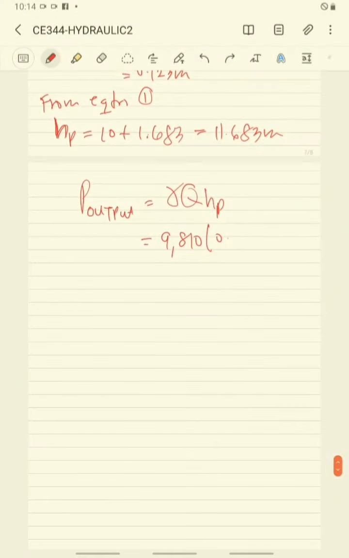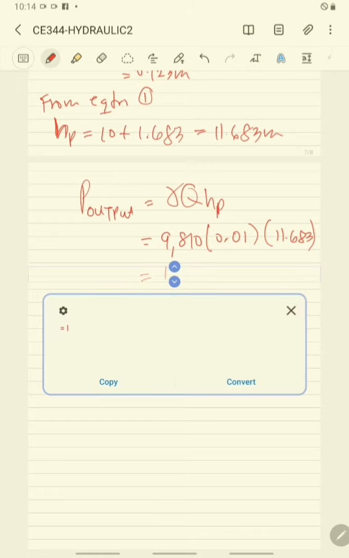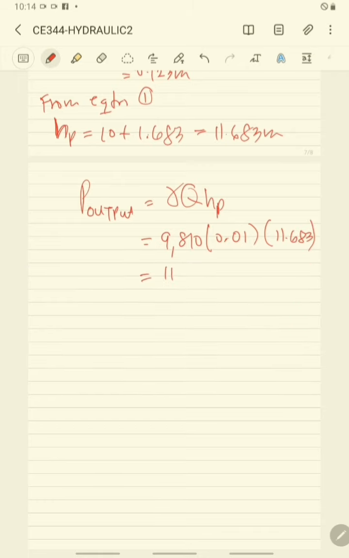So 9810 times 0.01 times 11.683, and this will be equal to 1146.